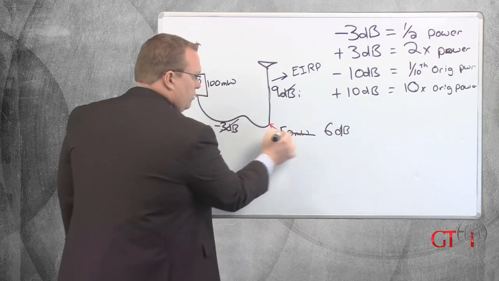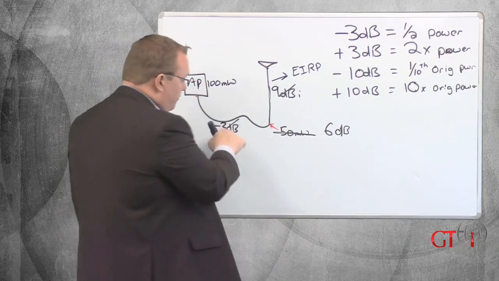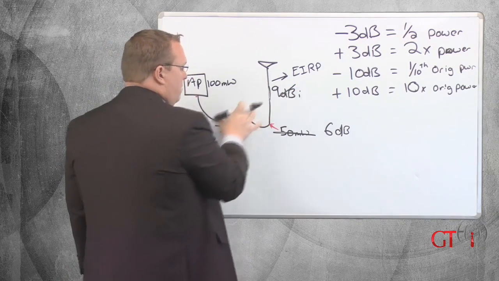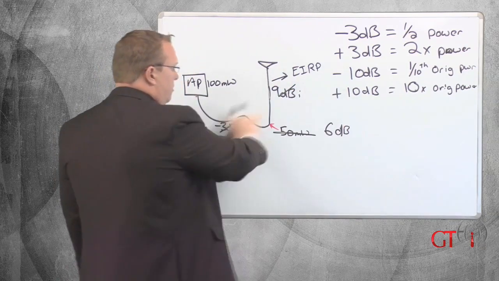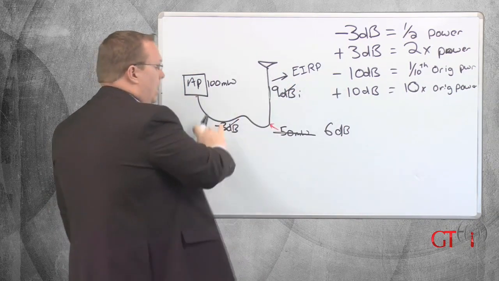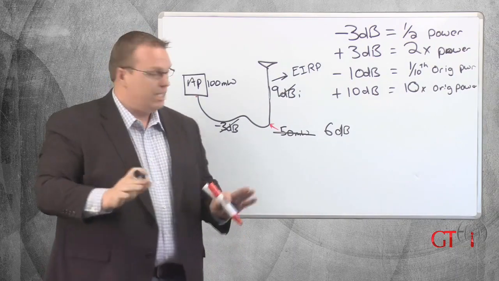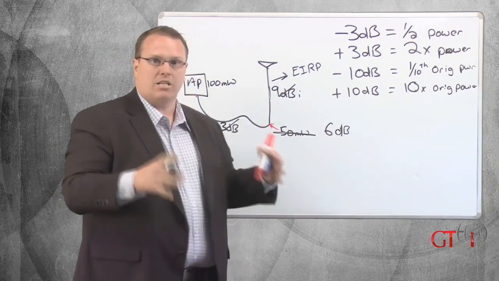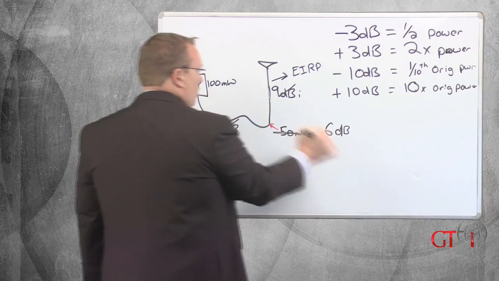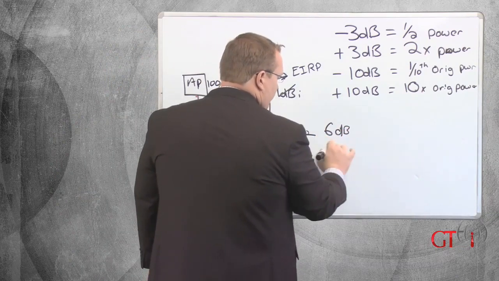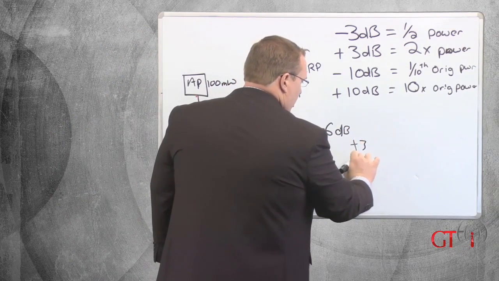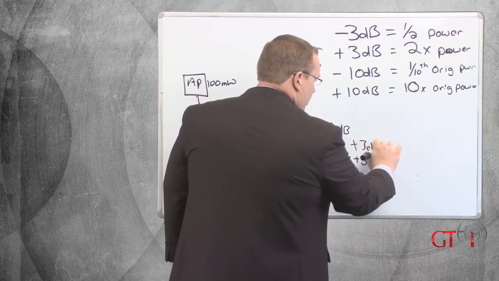Now remember, we're not doing 50 milliwatts anymore. We accounted for that here. 9 minus 3 means our whole system, antenna gain and loss of the cable, gets me a total gain of 6 decibels in my system. So 6 decibels is a plus 3 plus 3.